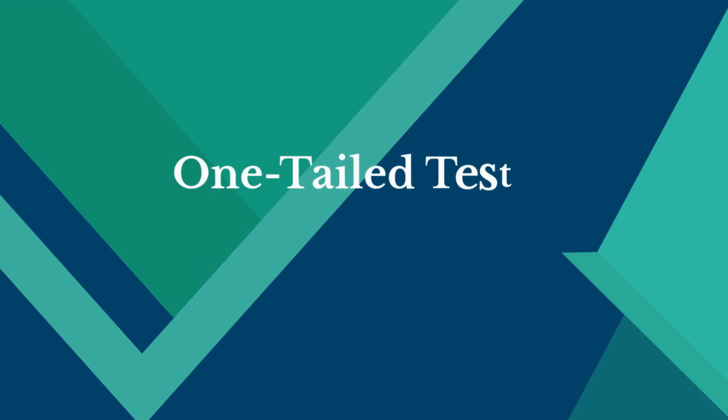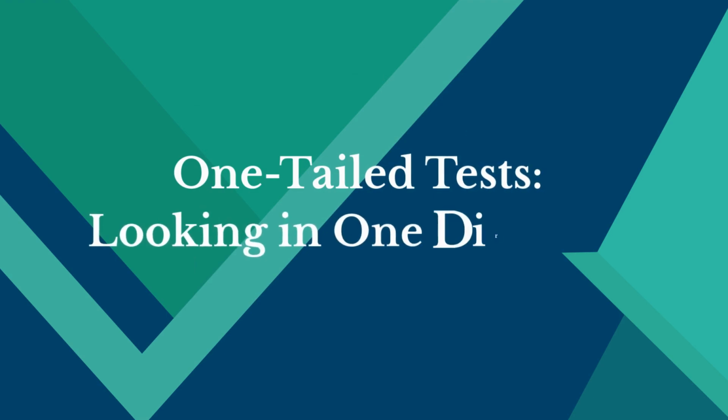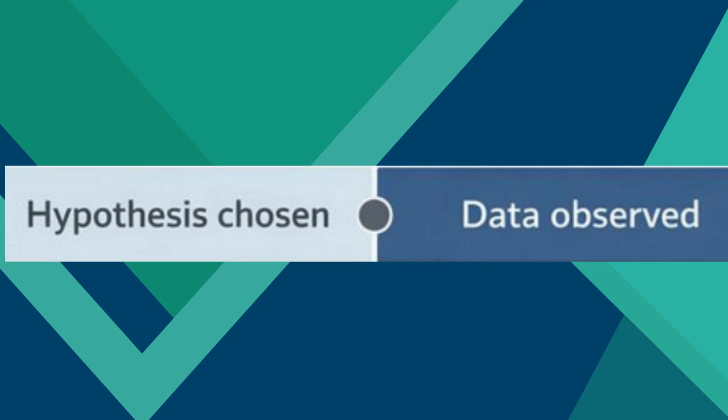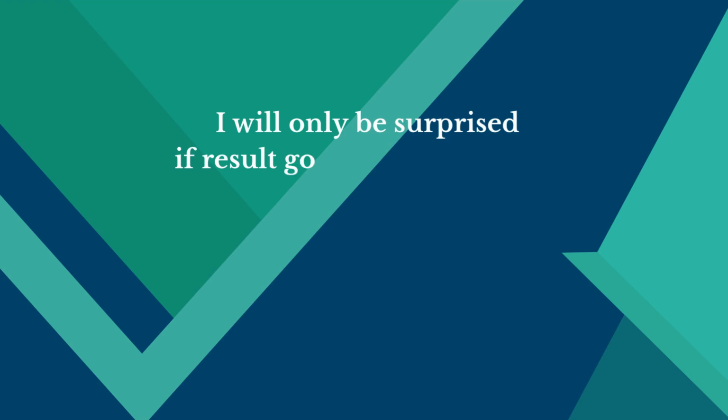Now that we understand what a tail represents, rarity under randomness, we can talk about the first major choice in hypothesis testing. Do we care about one direction or both? Let's start with the one-tailed test. In a one-tailed test, you are making a decision before seeing data. You are saying, I will only be surprised if the result goes in this direction.